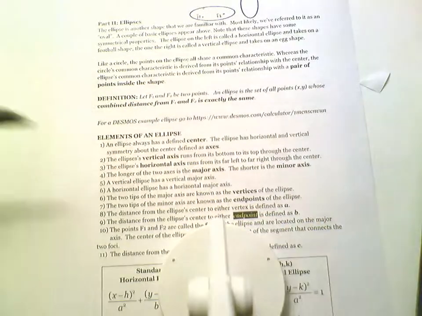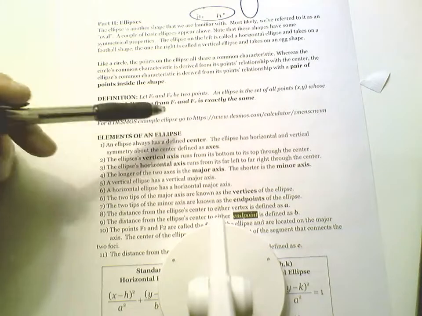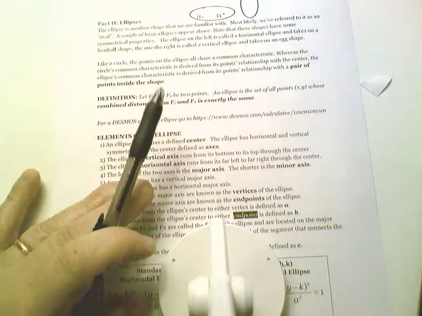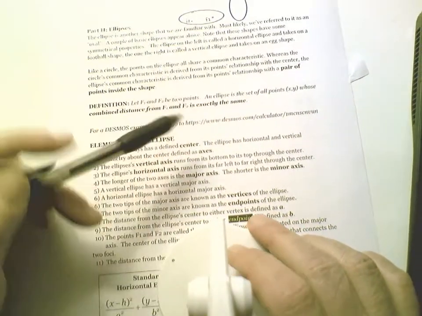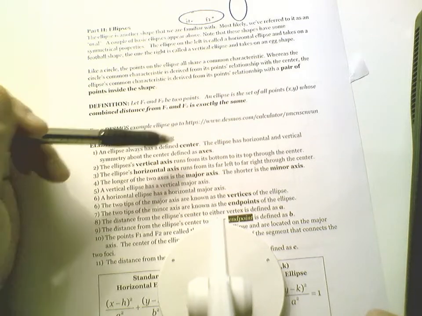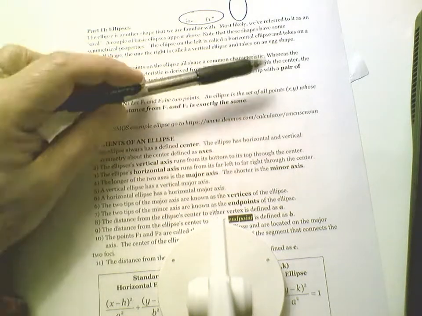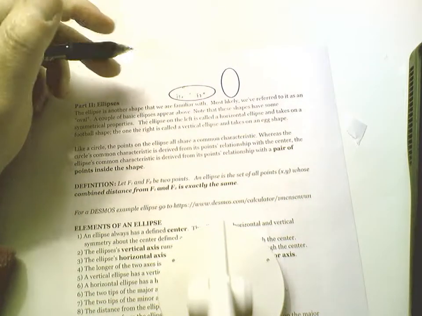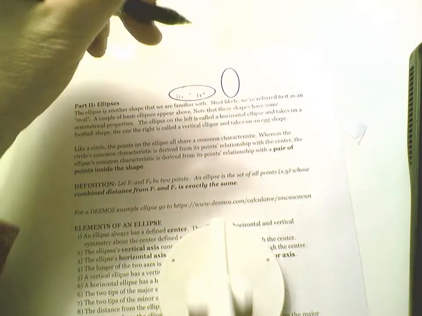Let's talk about the characteristics. An ellipse always does have a defined center. And it's going to have what I talked about before: there's going to be horizontal and vertical symmetry relative to that center. And those lines that go through the center are called axes. You'll have a horizontal axis, you will have a vertical axis.